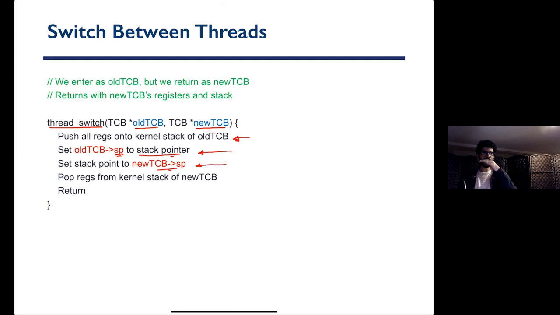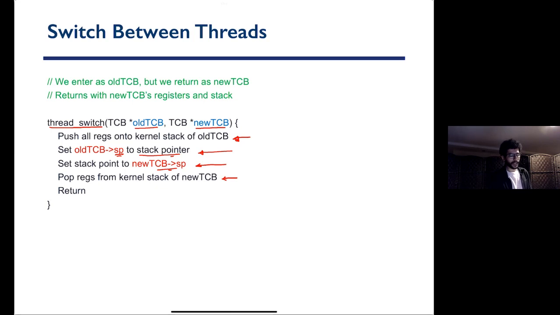Now that we're looking at the new stack, we pop all the registers. This is where we context switch, right? Now I have a new stack for the new TCB. There are a bunch of registers there. I'm going to pop them. And when I pop all the registers, now I am where I was last time I context switched on this thread.